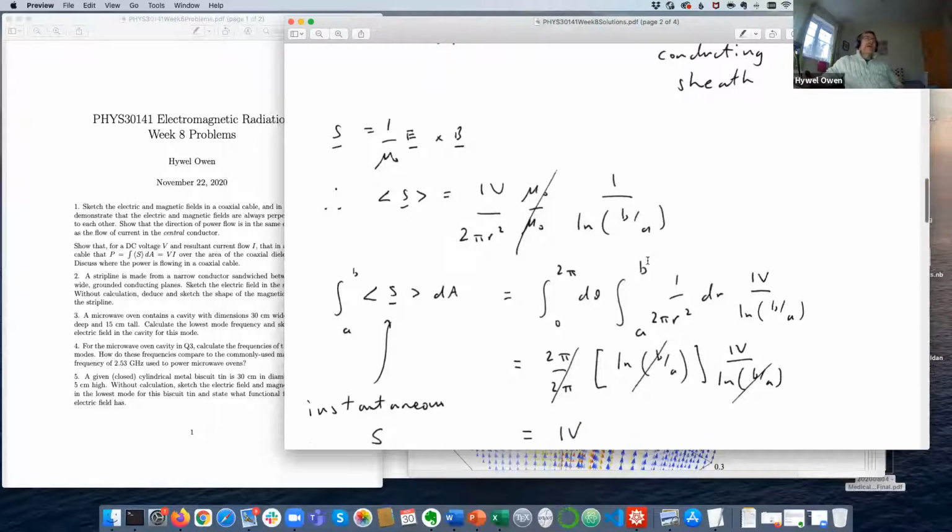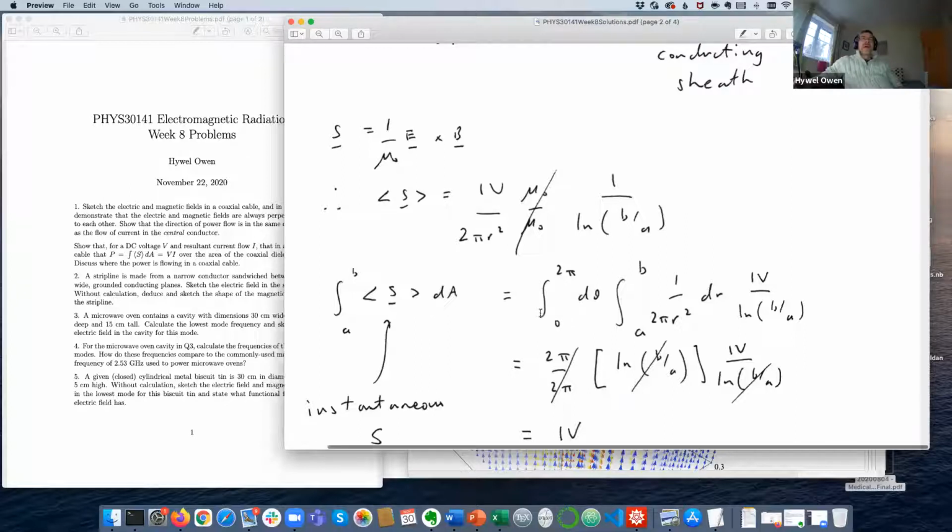So at that particular instant, I integrate the Poynting vector over the area of the dielectric, which of course lies between radius A and radius B. To do that integral, I divide it into an integral over d theta, the polar angle from 0 to 2 pi, and I integrate over the radius, which is where the 2 pi r squared comes in.